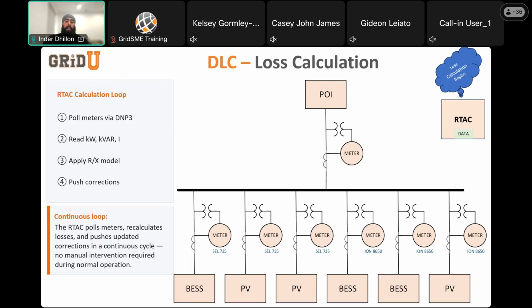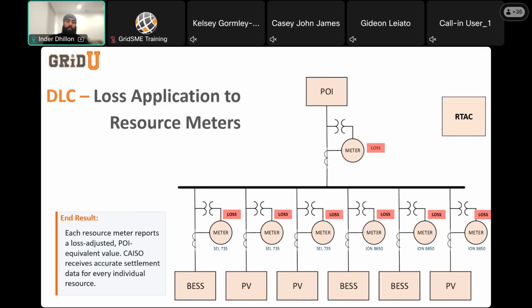Once those losses are calculated, they need to be pushed back to the revenue meters. So after the RTAC completes its loss calculation, it writes the corrected values to each resource meter.